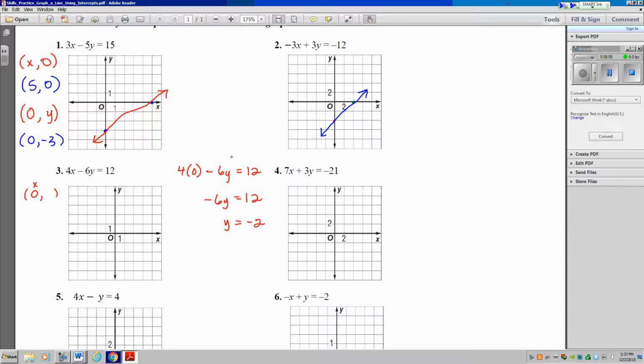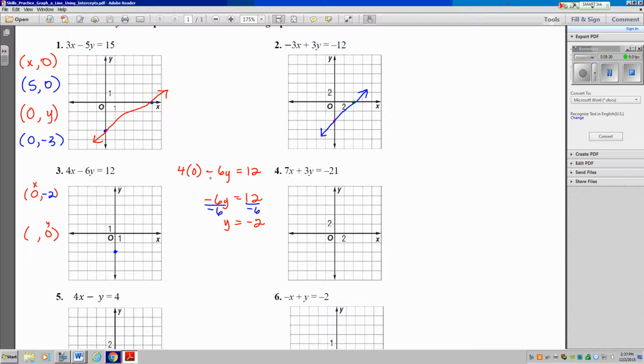Again, if you don't need to shortcut, let's not. Let's make sure you know that I'm dividing both sides by negative 6. Okay, 12 divided by negative 6 is negative 2. So there's my y. So 0, negative 2, counting by 1's this time. Okay, so now let's go back over here, and let's figure out what my x coordinate is going to be when y is 0.